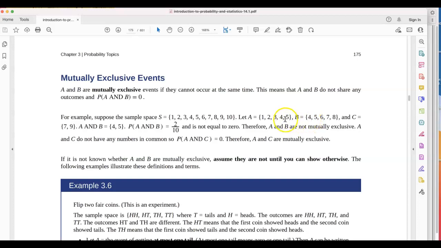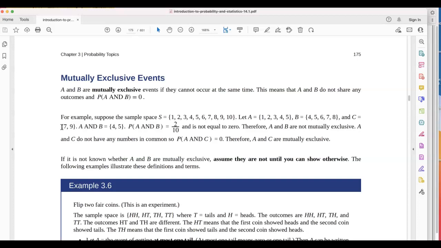Okay? If we look at A, 1 through 5, and C, 7 and 9, those are going to be mutually exclusive. B and C are not mutually exclusive because they share the 7 value. Okay, so mutually exclusive would be something where there's no overlap in the sample spaces, in the subset spaces for A, B, and C.